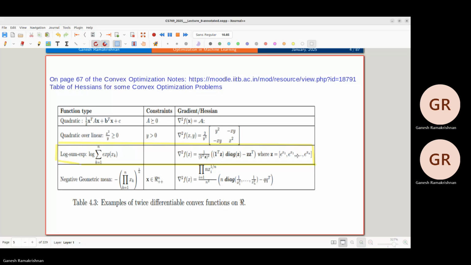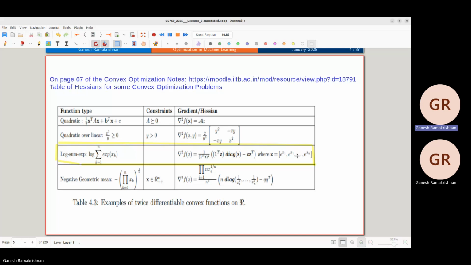What is this? 1 transpose z is positive, diag z is positive semi-definite, and then there is a minus here. Be a little careful. So what would happen? Is it as simple, or is there a little bit more work to be done?